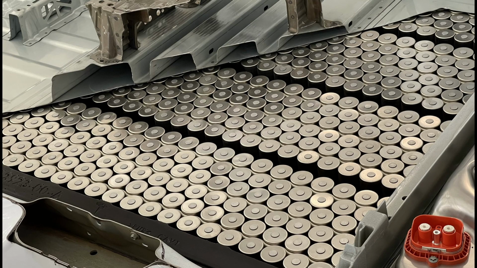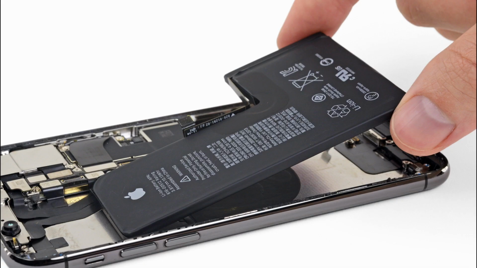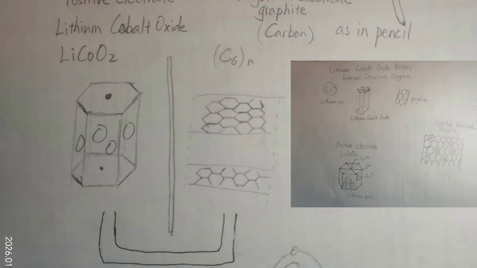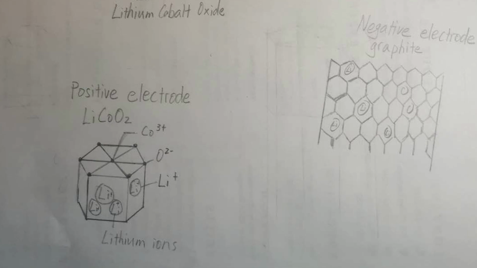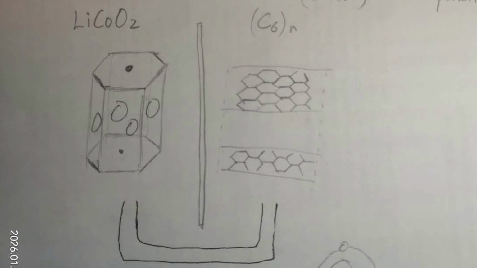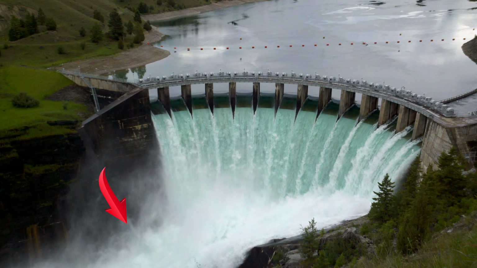The lithium battery is the most popular battery right now, so let's use it as an example. Here's a diagram of a simple lithium battery. Our goal here is to make electrons flow in the external circuit to create electricity. We have the positive electrode, negative electrode, separator, external circuit, and electrolyte. We can imagine the positive electrode is the downstream of the river, and the negative electrode is the upstream of the river.